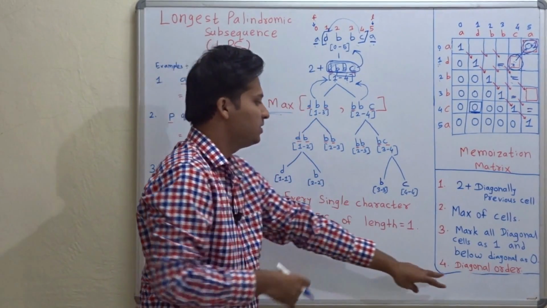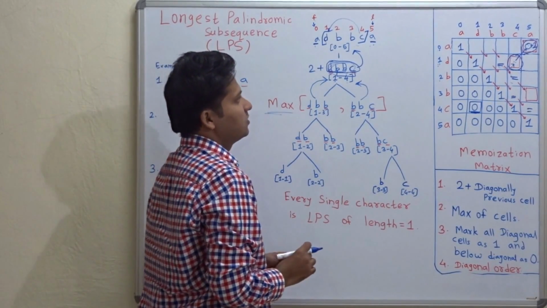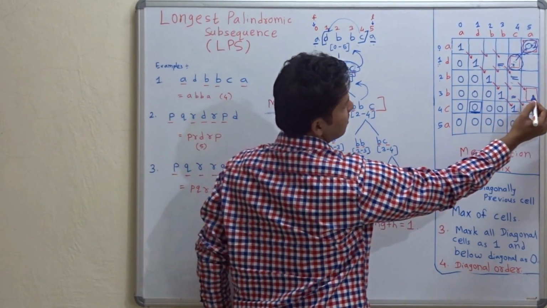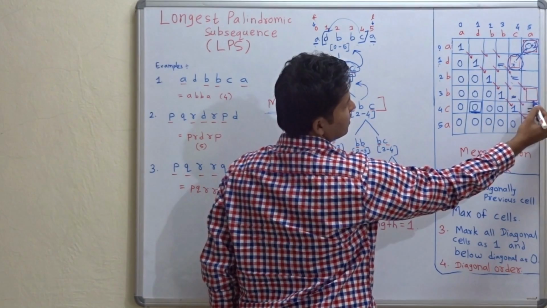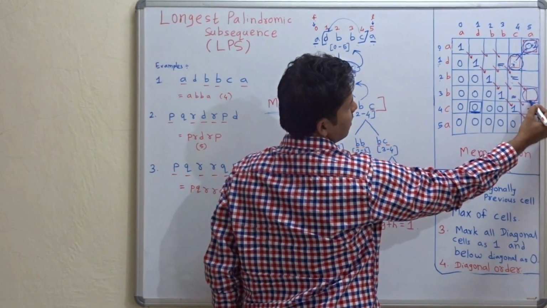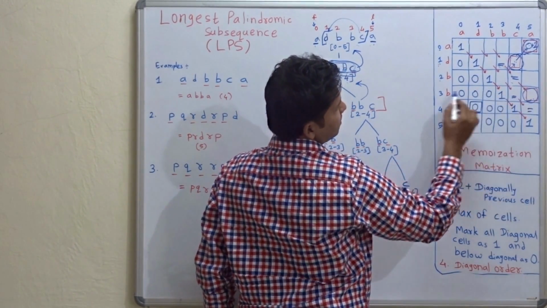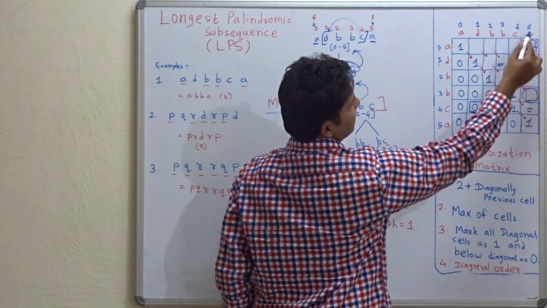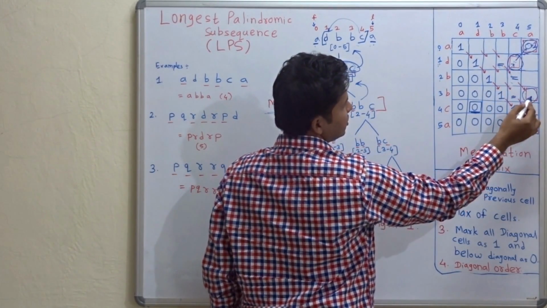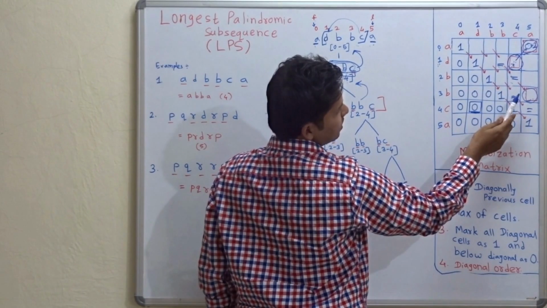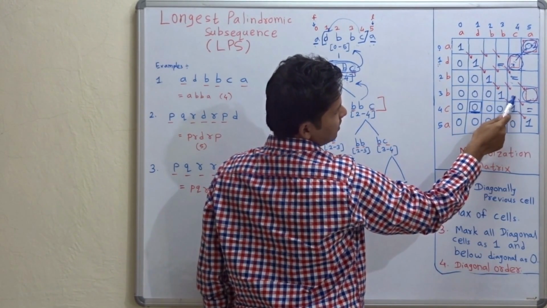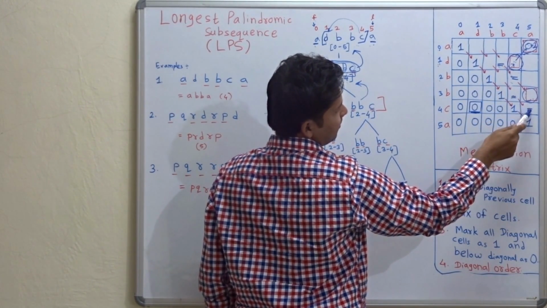So what does this mean? Here if you want to find out the value for this cell, then for this cell B and A, they don't match, so we have to take the max of this cell and this cell.